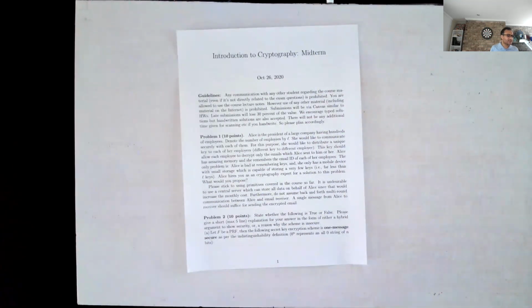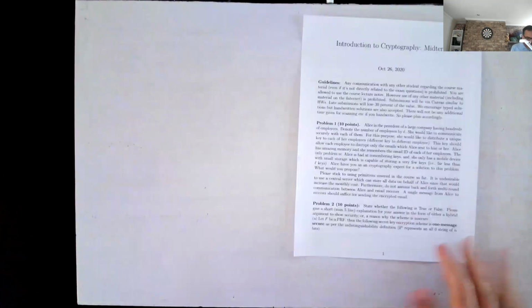But with a PRG, it's not clear how to use it, right? Because if you want to use a PRG, Alice also has to remember which part of the output to use for which employee. And looking at the email ID, that's not some information which you can readily derive. So a PRG doesn't really work correctly. The correct solution here is to use a PRF. Okay.